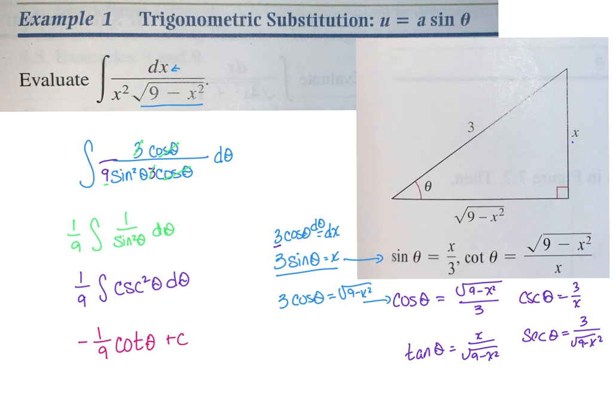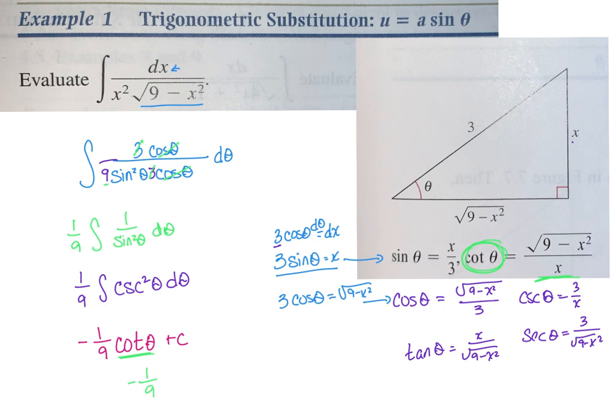And so I can do the negative cotangent of theta plus c. So I have basically taken my antiderivative, but it's almost like U substitution where I have substituted to solve. So the last step here is to go back and plug back in terms of x, not in terms of theta. So I'm going to look over here and say cotangent of theta was defined this way in my original setup.